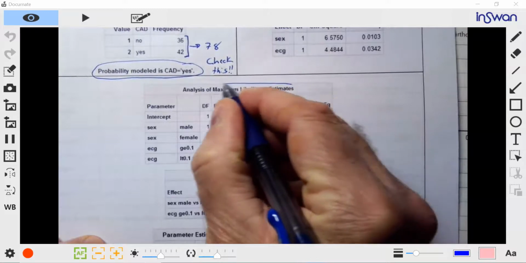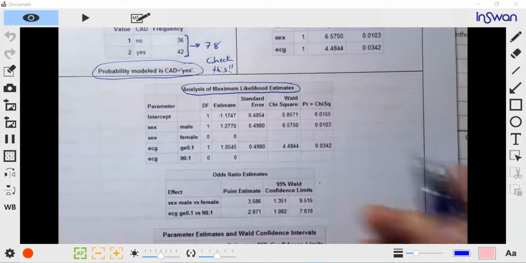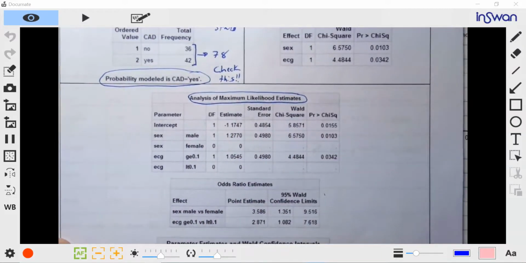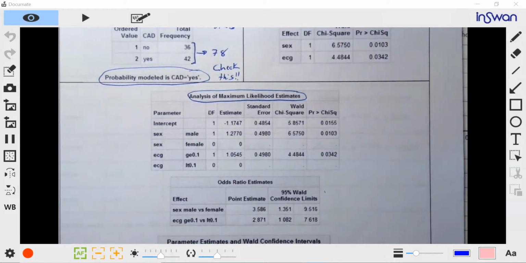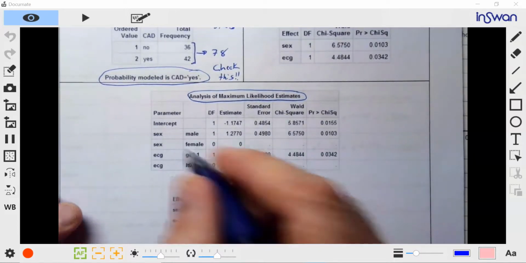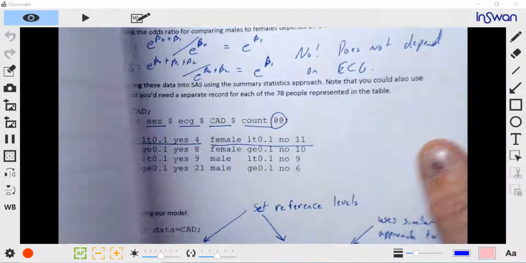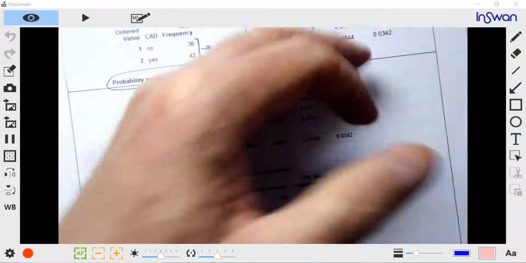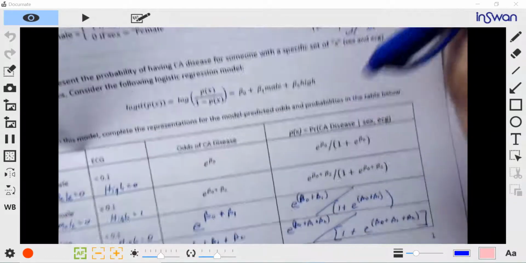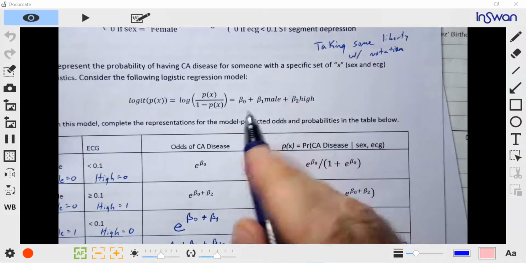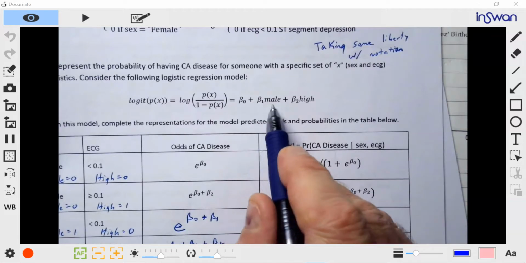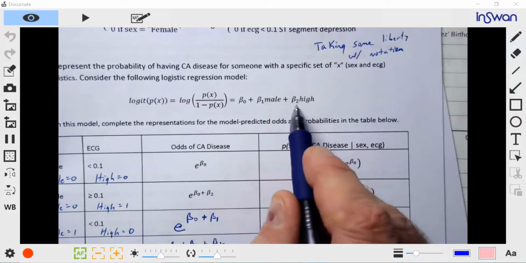So again, this is your table of parameter estimates. From our population model on the previous page, we had a beta 0, a beta 1, and a beta 2 in our population model, if you recall. We had beta 0, the intercept. Beta 1 is attached to a dummy variable for males. Beta 2 is attached to a dummy variable for high ECG.